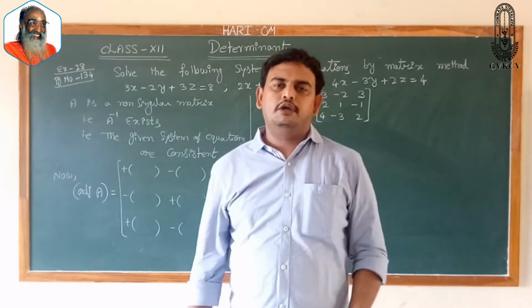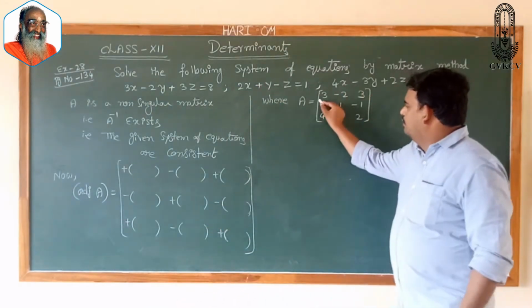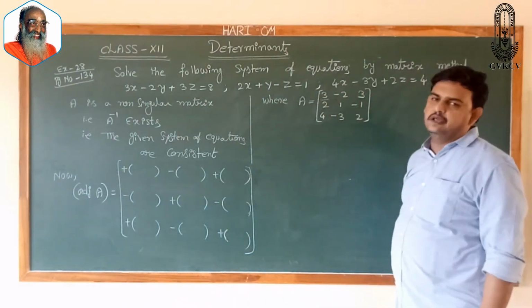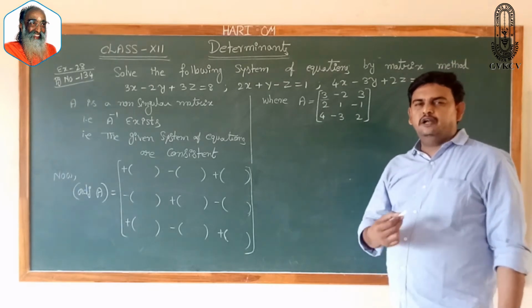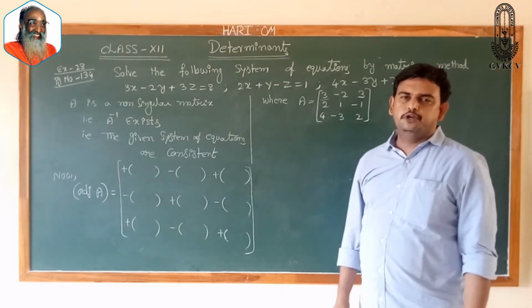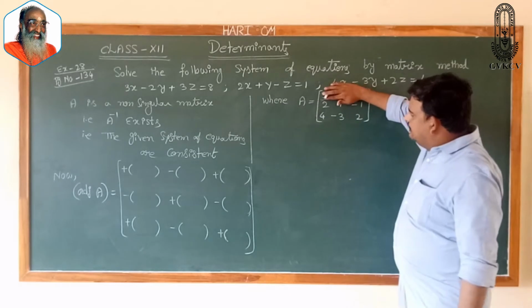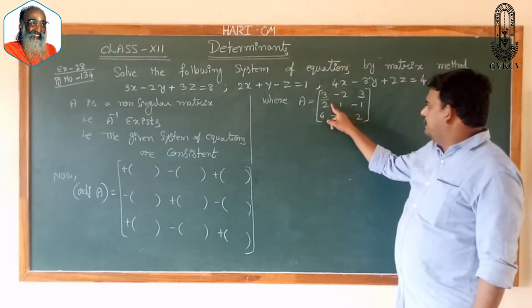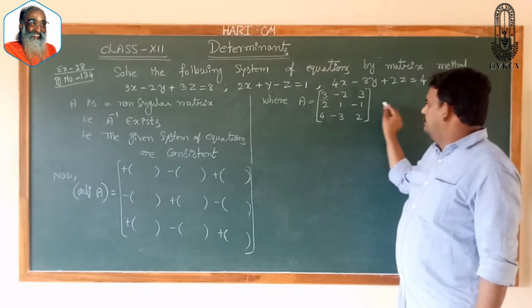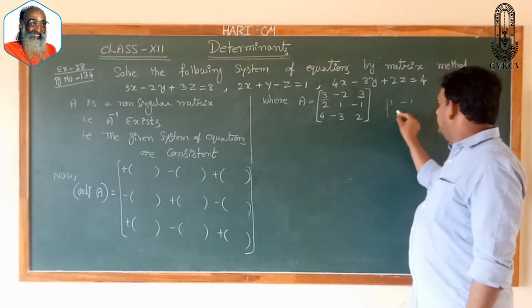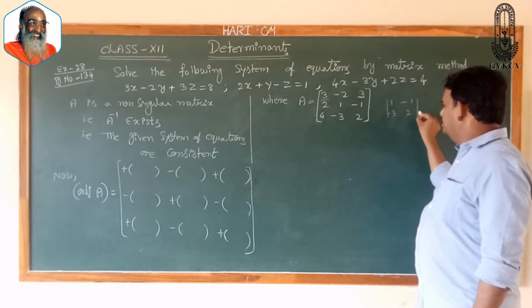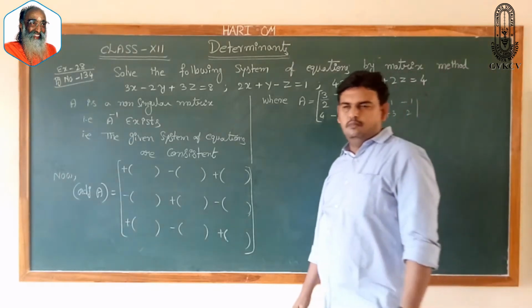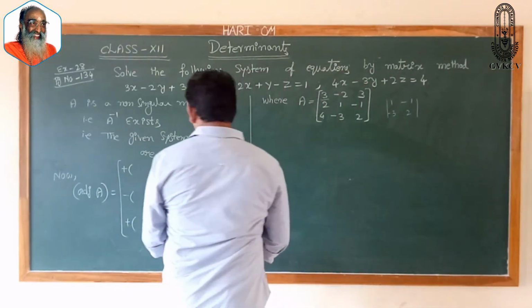Now first I am talking about the first row. What is the first element? 3. When you want to find the cofactor of 3, what do we do here? Just leaving the respective row and respective column, we have a determinant. What is the determinant? We have 1, minus 1, minus 3, 2.